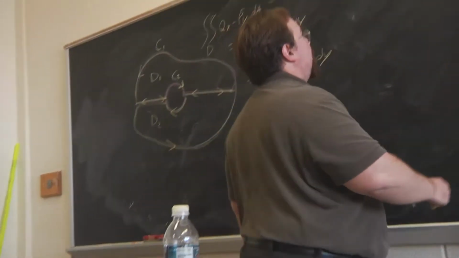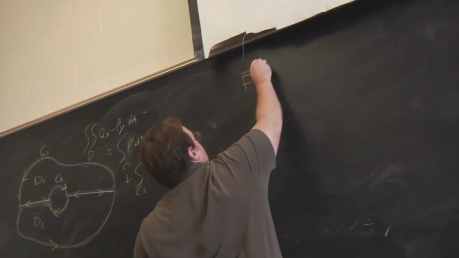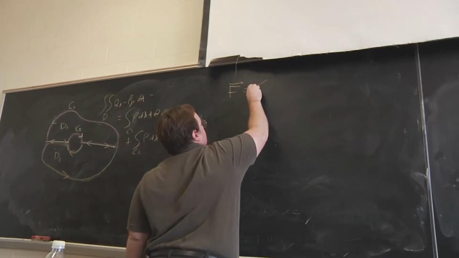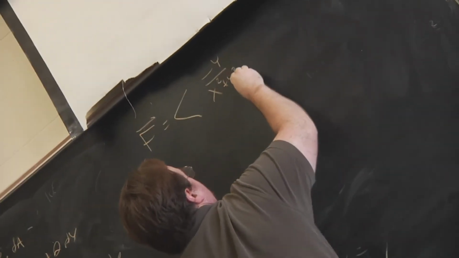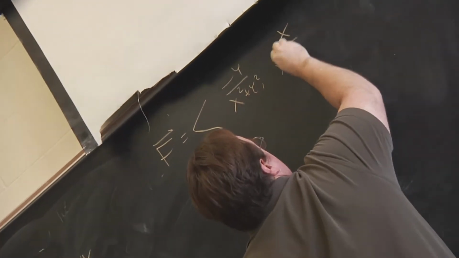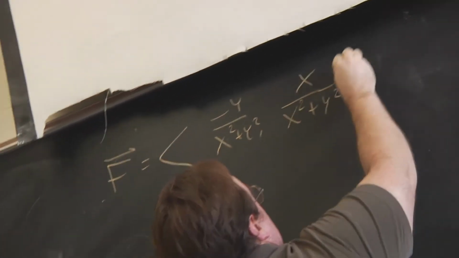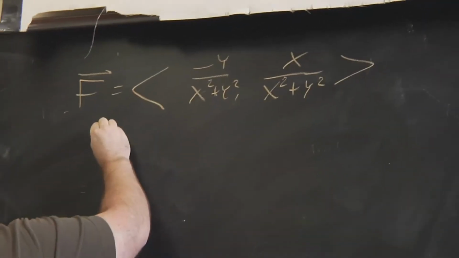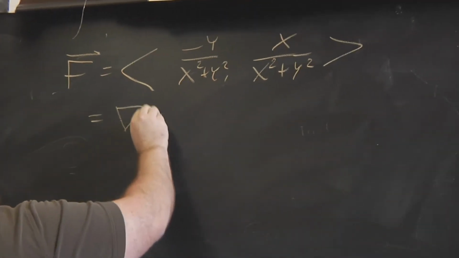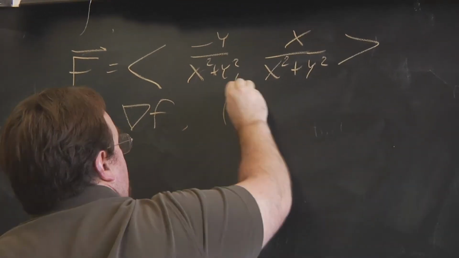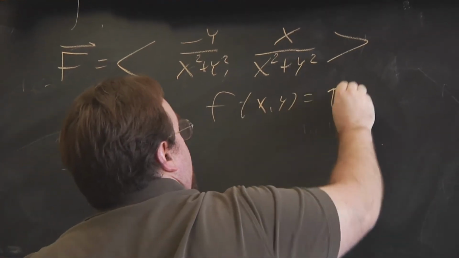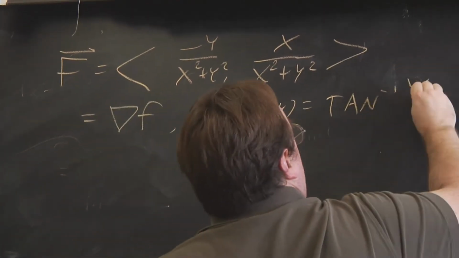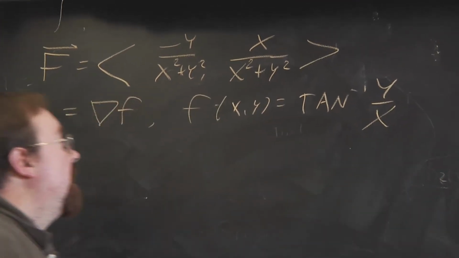Now, here's a vector field: minus y over x squared plus y squared, x over x squared plus y squared. This is actually equal to the gradient of little f, where little f of x, y is the arctangent of y over x.